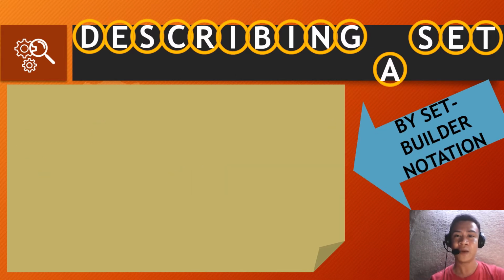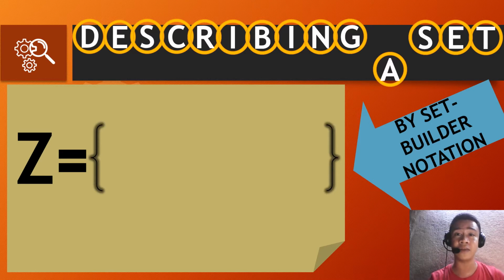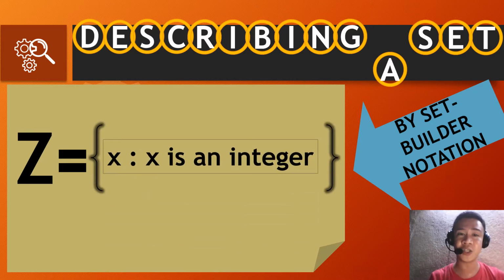Next, we have the third method, which is known as set builder notation, or set builder form. In the set builder form, all the elements of the set must possess a single property to become a member of that set. For example, we have set C equals all the values of x such that x is an integer.